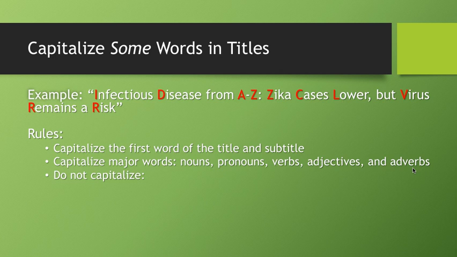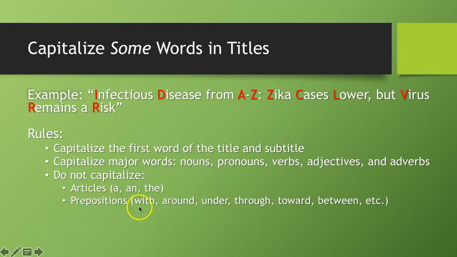And the following do not need to be capitalized. It doesn't matter how long those words are, they should not be capitalized. So articles like a, an, and the should be lowercase, like a risk. Again, remember the exception is if it's the first word of the title or the subtitle.